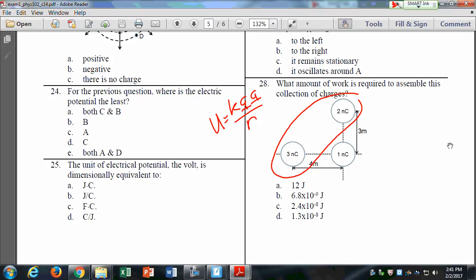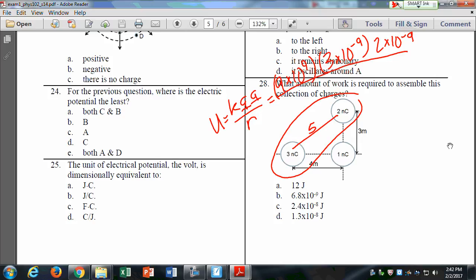So here I would find the potential energy of that collection of charges. It's going to be 9 times 10 to the 9th, times 3 times 10 to the minus 9, times 2 times 10 to the minus 9, divided by the distance. This distance is 5 meters. It's a 3, 4, 5 triangle.